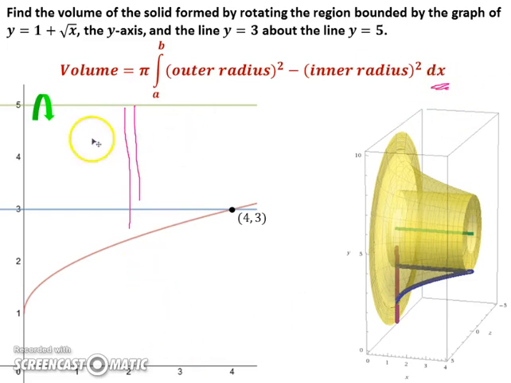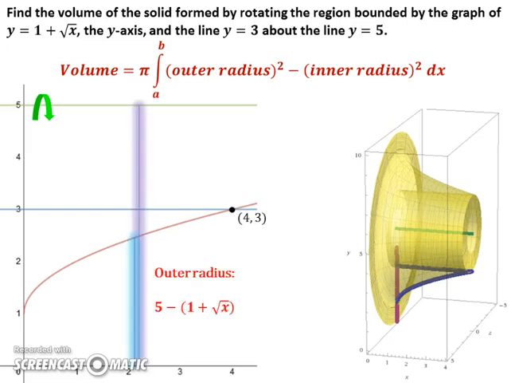Okay, but I just said it was a little more complicated because we need to create an expression that gives me this distance from 5 to this point right here, and 5 to every point on this graph of y equals 1 plus the square root of x. So what we do is a subtraction problem. It's the area between curves again.